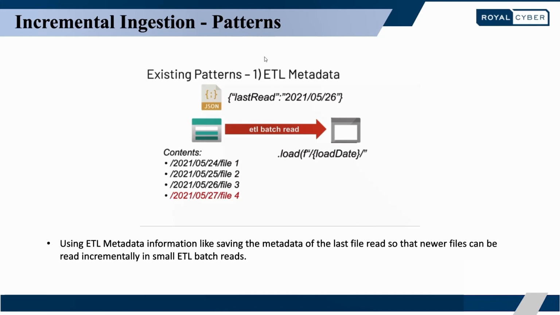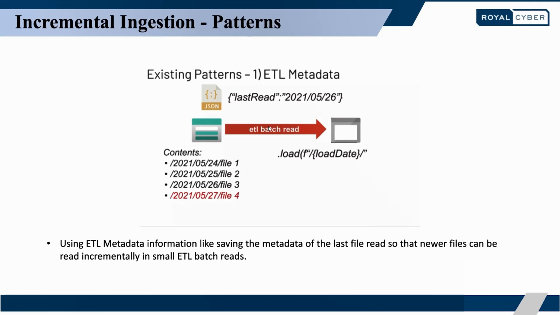In pattern one, we store or fetch the ETL metadata. We store the file name or the folder name which was last processed by our ETL batch. As you can see, this is ETL batch and not streaming. We create an ETL pipeline which processes micro batches in short intervals, so it doesn't create real-time analytics, but near real-time analytics.